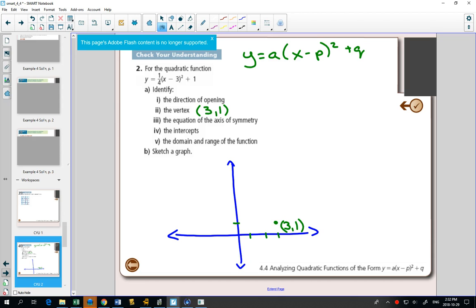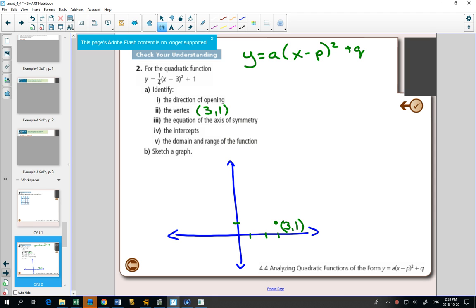What's inside the brackets is always in the opposite direction, and what was outside was always what you saw. Good questions, though. If it was x plus 3, then we would go 3 to the left. So whatever's inside the brackets is kind of opposite of what you would see. And so we have the point (3, 1).